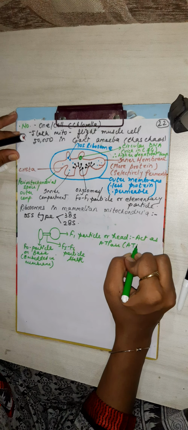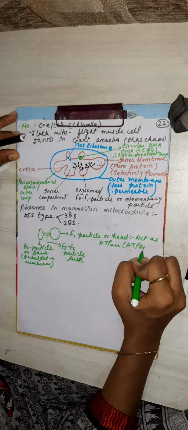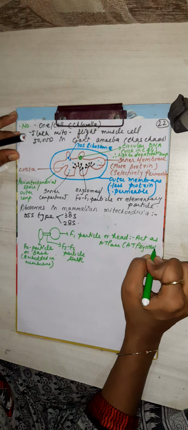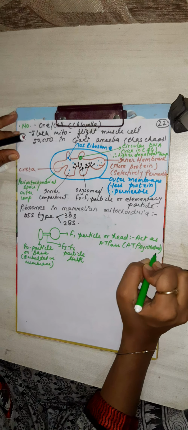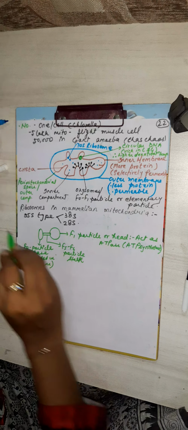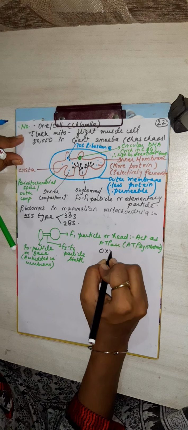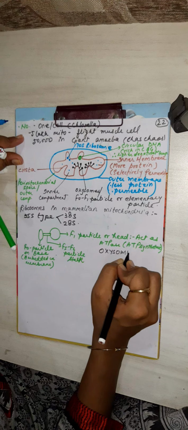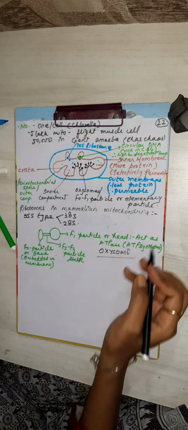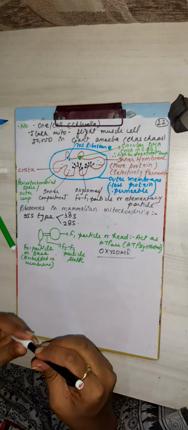In bracket, ATP synthetase. This is the structure of an oxysome. It acts as ATPase, ATP synthetase.